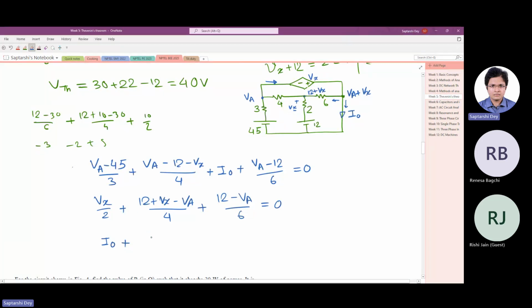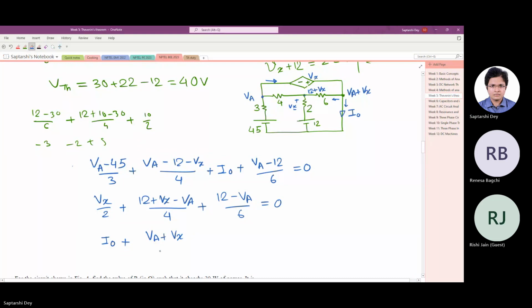Okay, so VA plus Vx minus 12 minus Vx, so VA minus 12 by 6, this much current is going out.